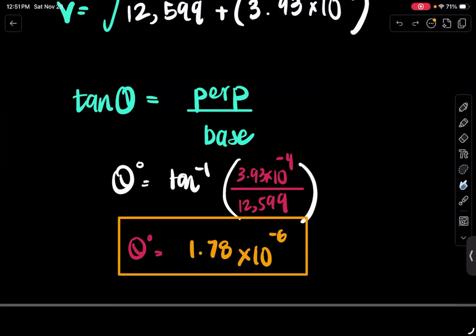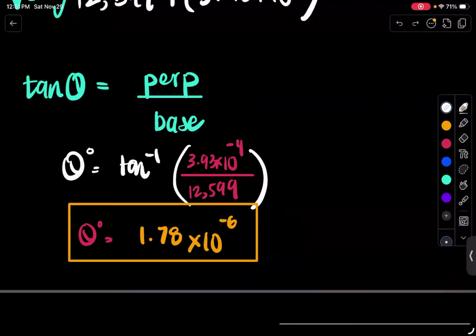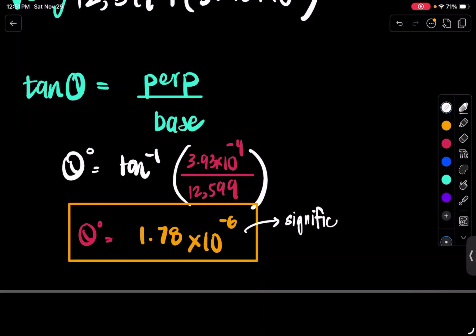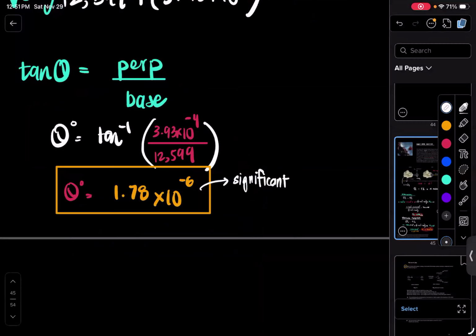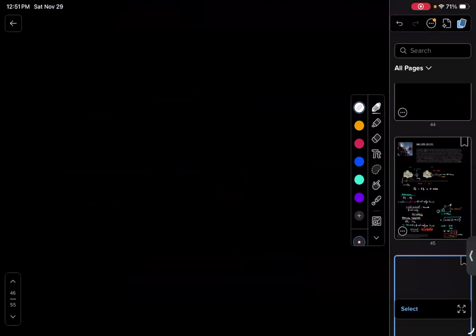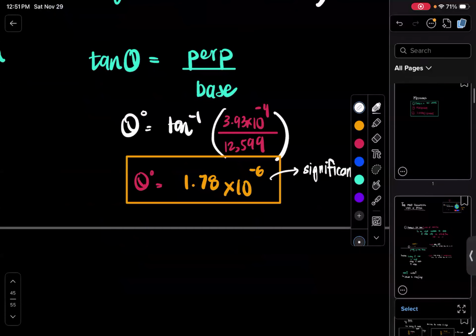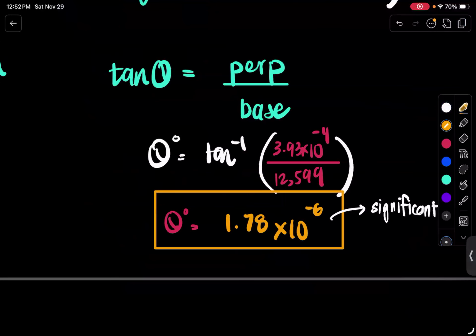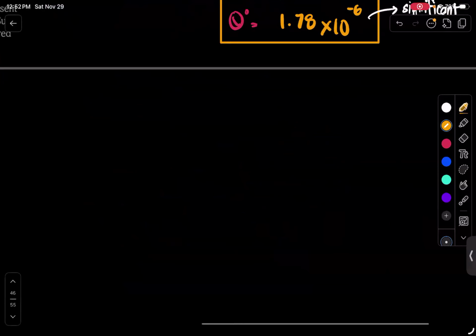Now, this is actually significant. Why is it significant? Because a very small change in your angle is going to make your direction very, very different. For example, think about it. If you're on a plane, and initially you had to go from this point to this point.